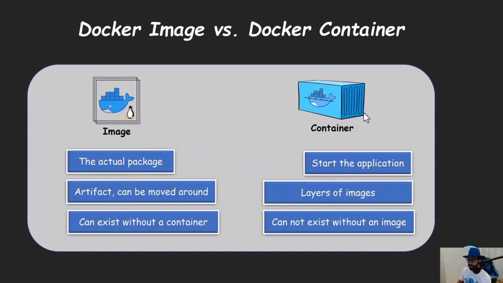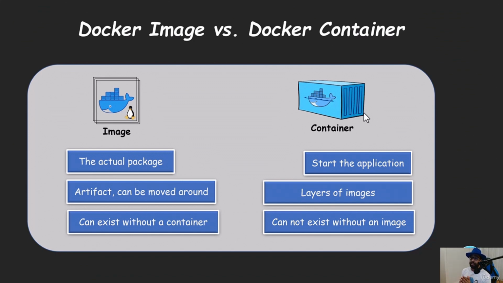Now, what is a container? Well, the container basically uses layers of images to start the application. There is something called a base image, which 99% of the time is a Linux image. For example, you can download a MySQL image, which will consist of layers of images, the dependencies.